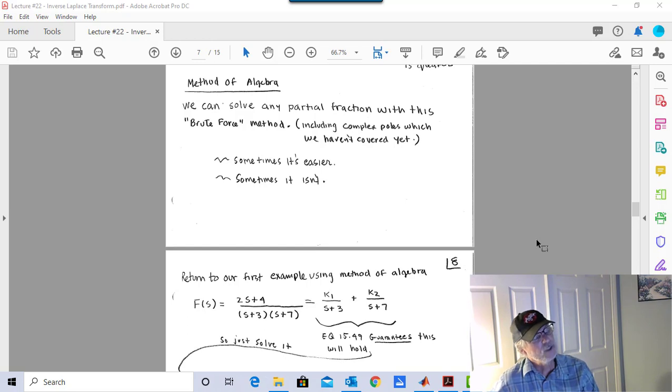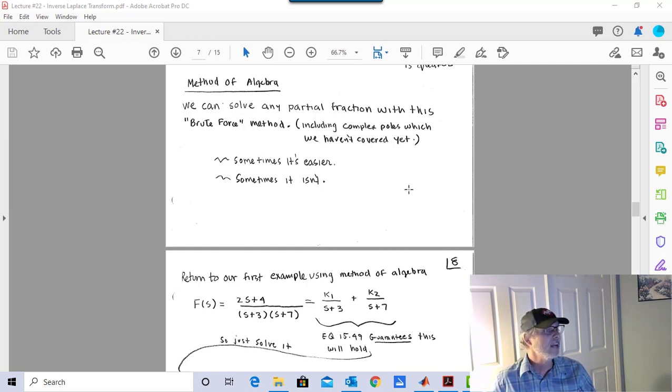And so we liked the residue method, and we got pretty good at it. But I really like the method of algebra, which I'm going to show you now. And we can solve any partial fraction with this. It's a brute force method, including complex poles, which we haven't covered yet. Sometimes it's easier, and sometimes it isn't.